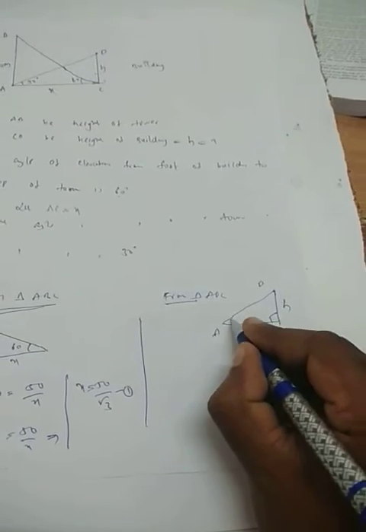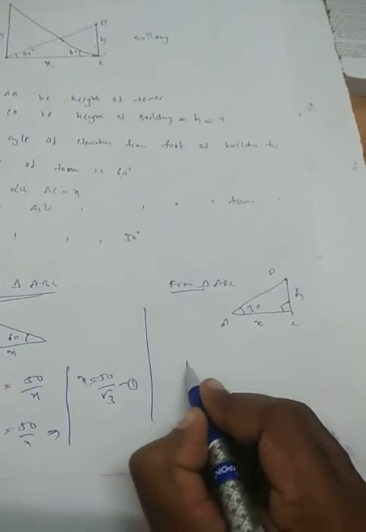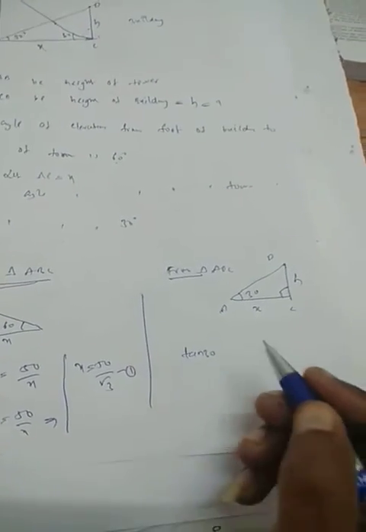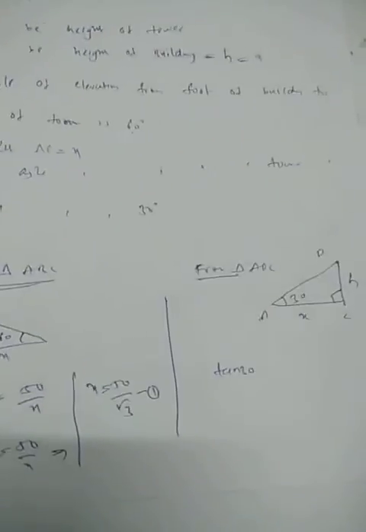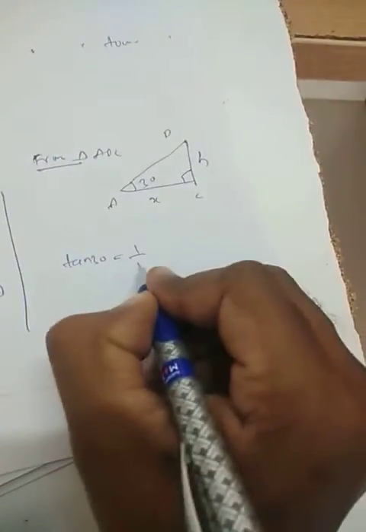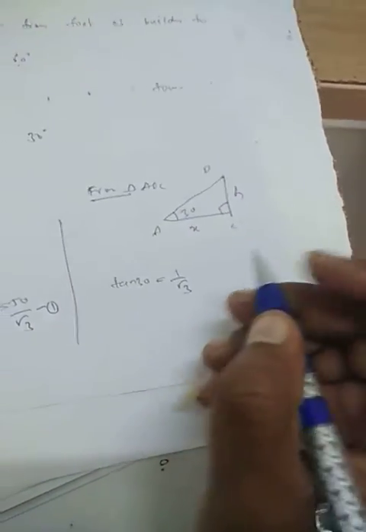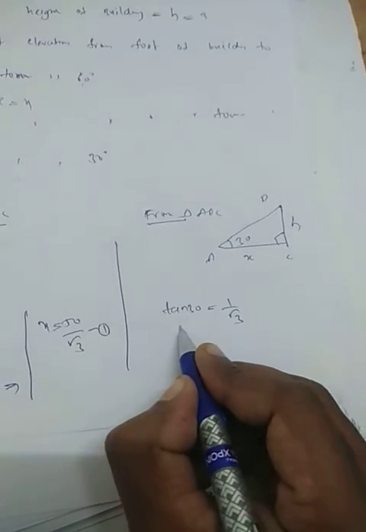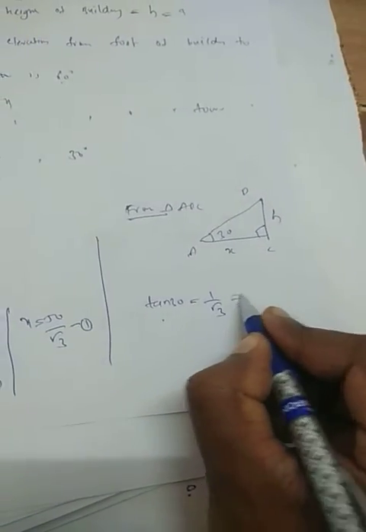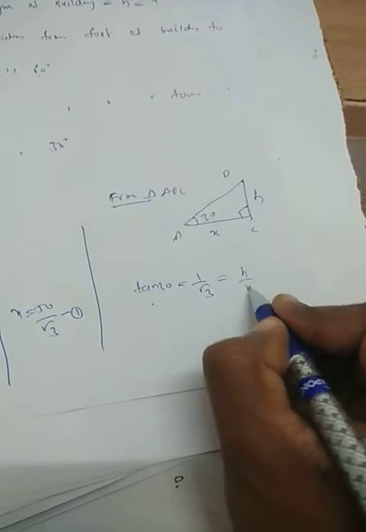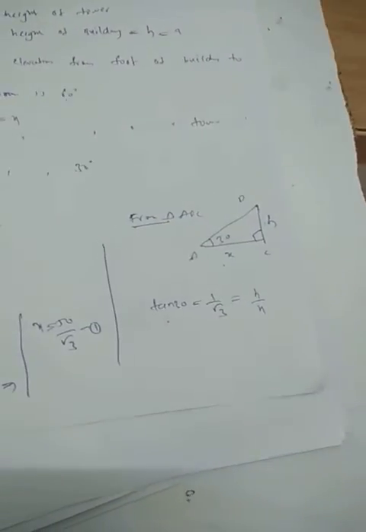The angle is 30, so tan 30 is equal to H upon x, opposite upon adjacent. The value of tan 30 is 1 by root 3.